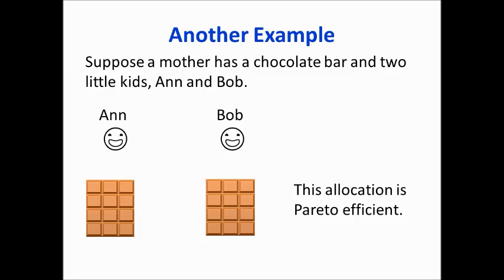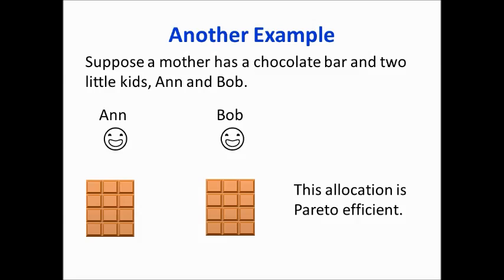Any reallocation, if we take something away from somebody and give it to somebody else, would make somebody worse off, because we would have to take some chocolate away from somebody. So this allocation is also Pareto efficient.